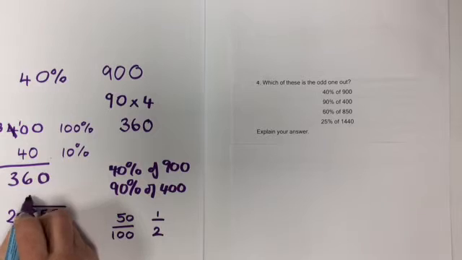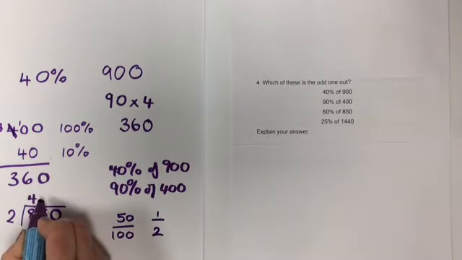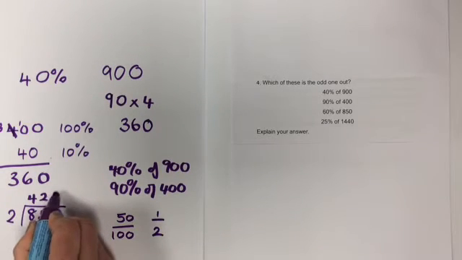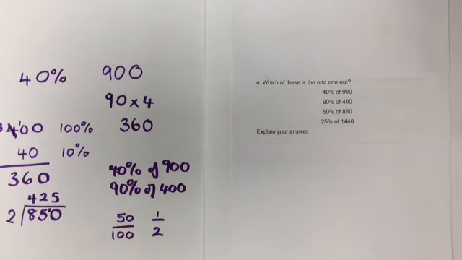So 2's into 8 go 4, 2's into 5 go 2, carry the 1, 2's into 10 go 5, that's 425. But that only gives us 50%, and we need 60%.